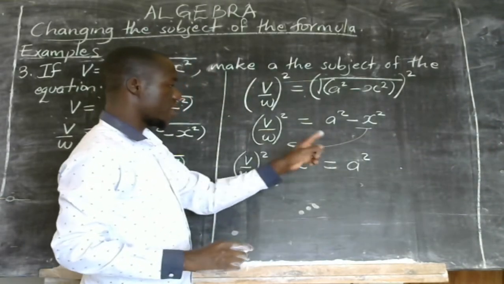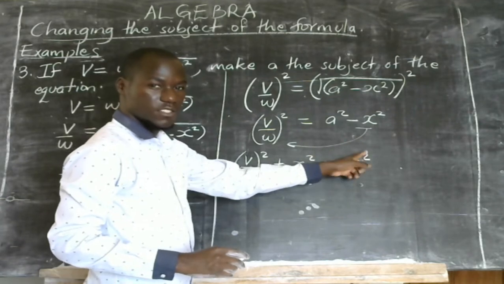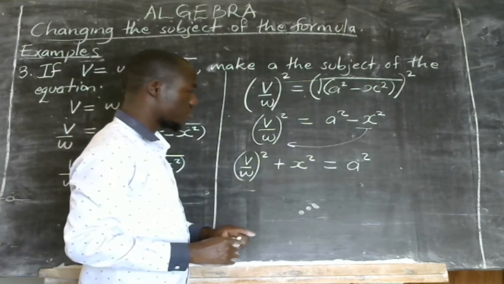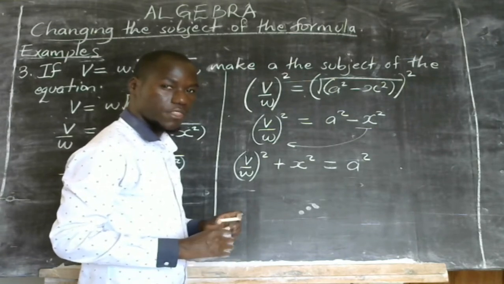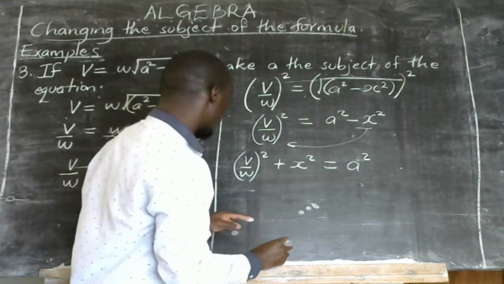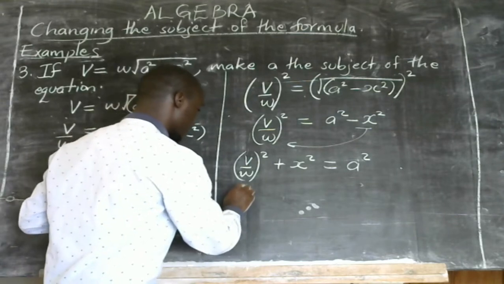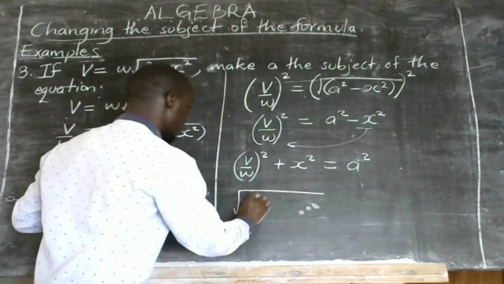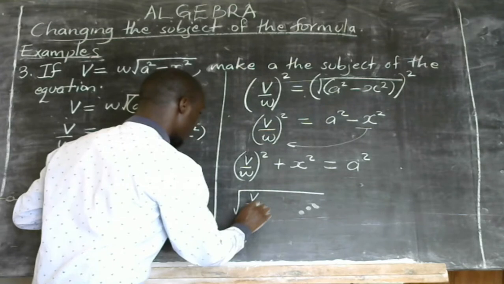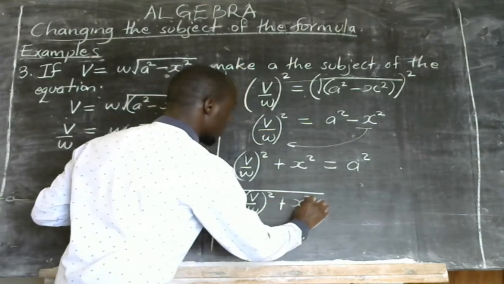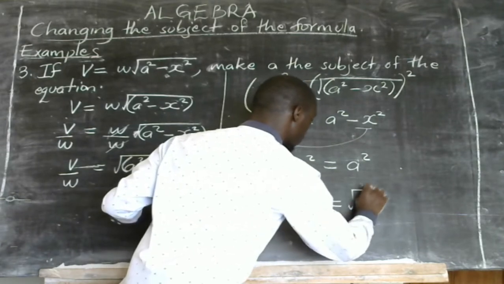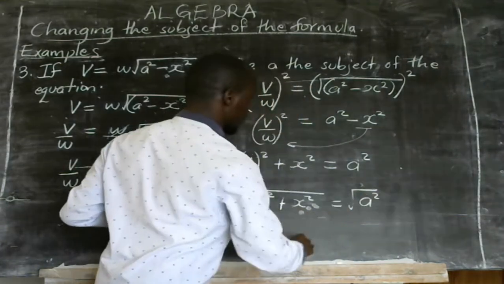Then my a still has a square. So to kill that square, I take the square root of both sides. I take the root on the left hand side, v all over w squared plus x squared, is equal to root of a squared.